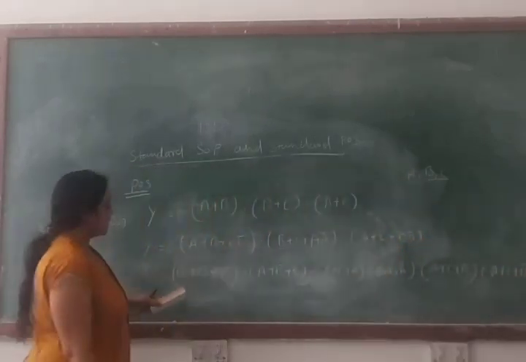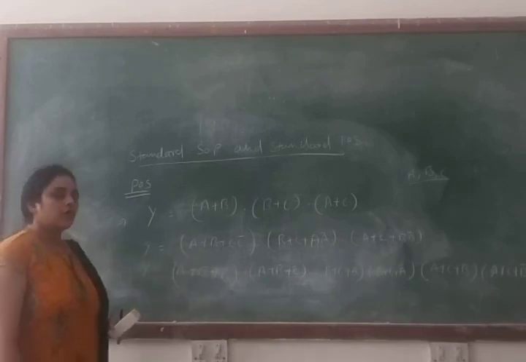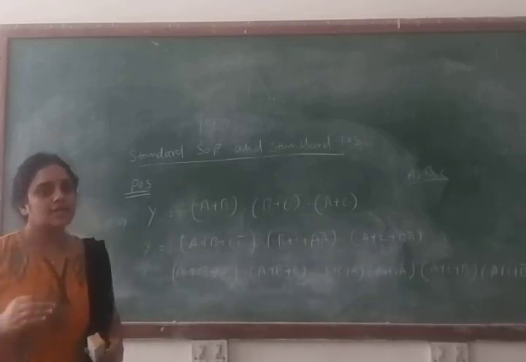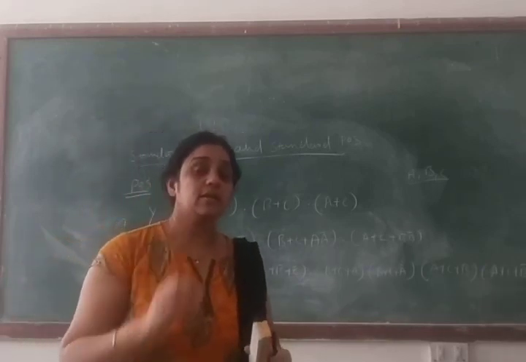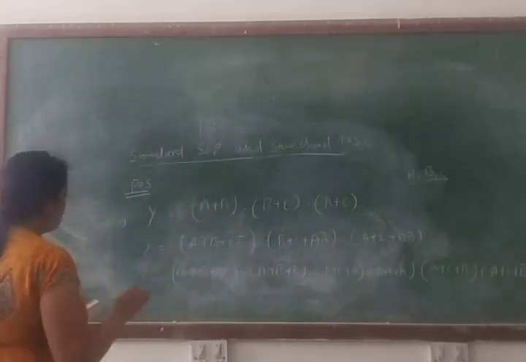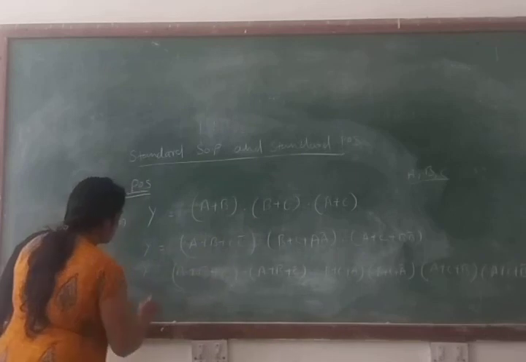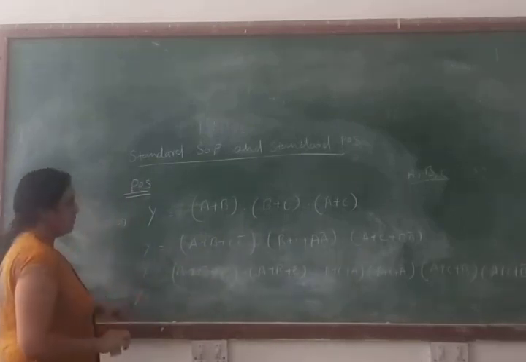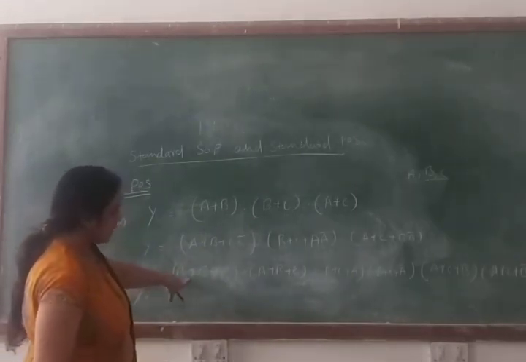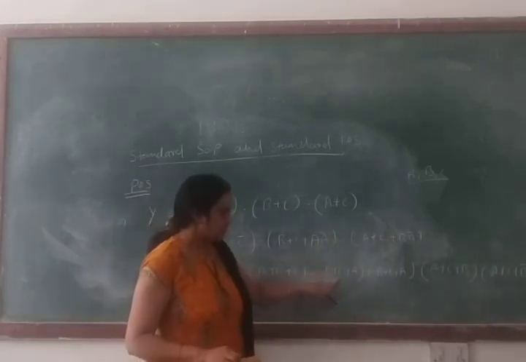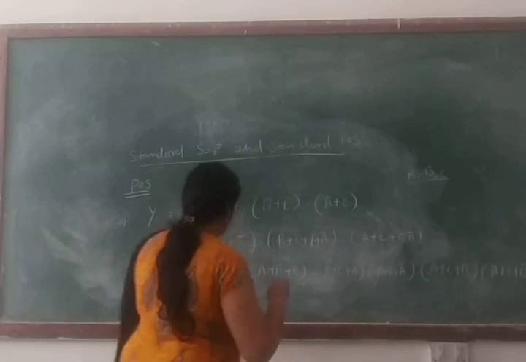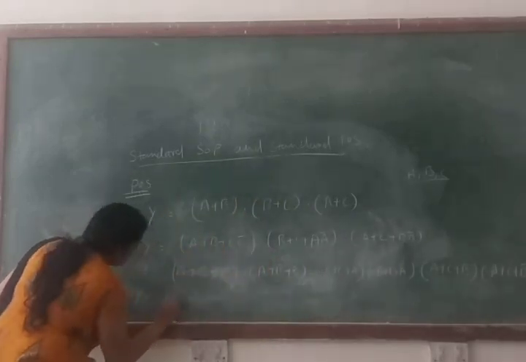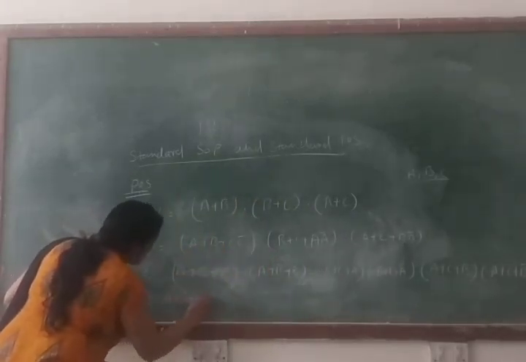So after simplification of this logical expression, in the last step we will get the redundant terms, and we will remove them. So first identify the redundant term. This is A plus B plus C. Now this is again A plus B plus C, and this is also A plus B plus C. So we will write only one time A plus B plus C.